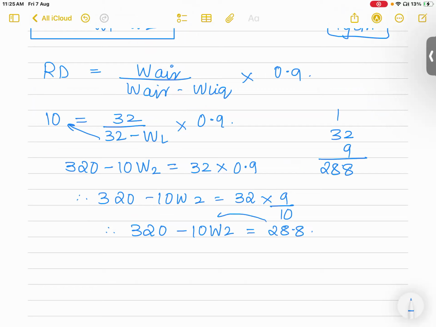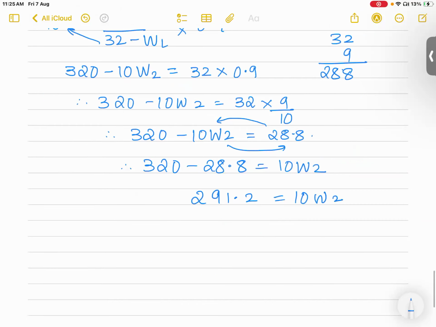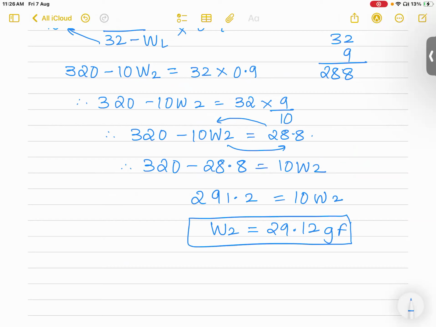This comes here, this variable goes there, so I get 320 minus 28.8 is equal to 10W2. I can subtract it: 320 minus 28.8 is 291.2 equals 10W2. So guys, the weight of the object in a liquid whose density is 0.9 will be 29.5.